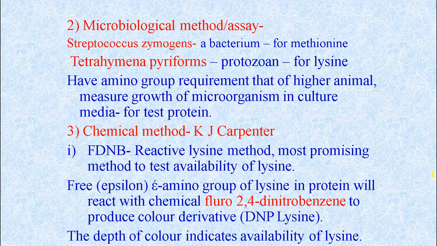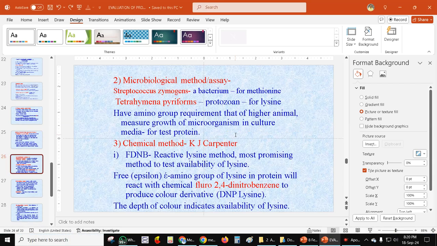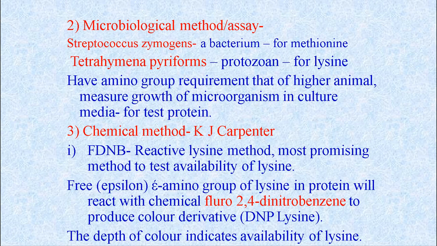Then there are varieties of other methods, like the microbial method. The microbial method is estimated by microbes like Streptococcus zymogenes, a bacterium for methionine estimation.